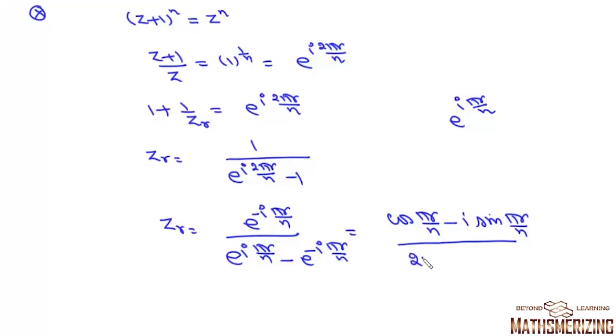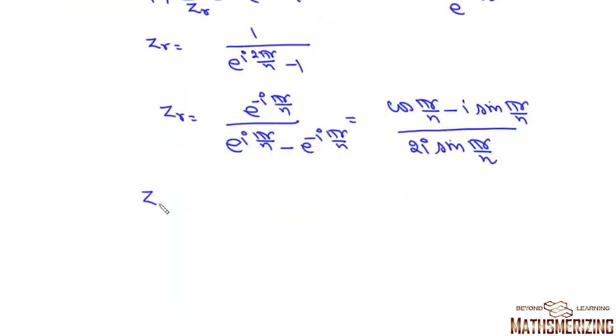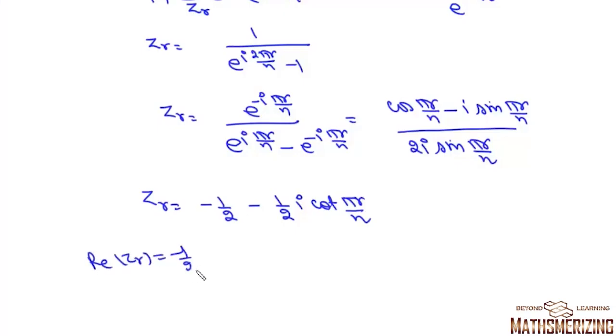So it will be 2i sin(πr/n). We can write this z_r as -1/2 minus (1/2)i cot(πr/n). Now the real part of z_r is -1/2, which is independent of r.